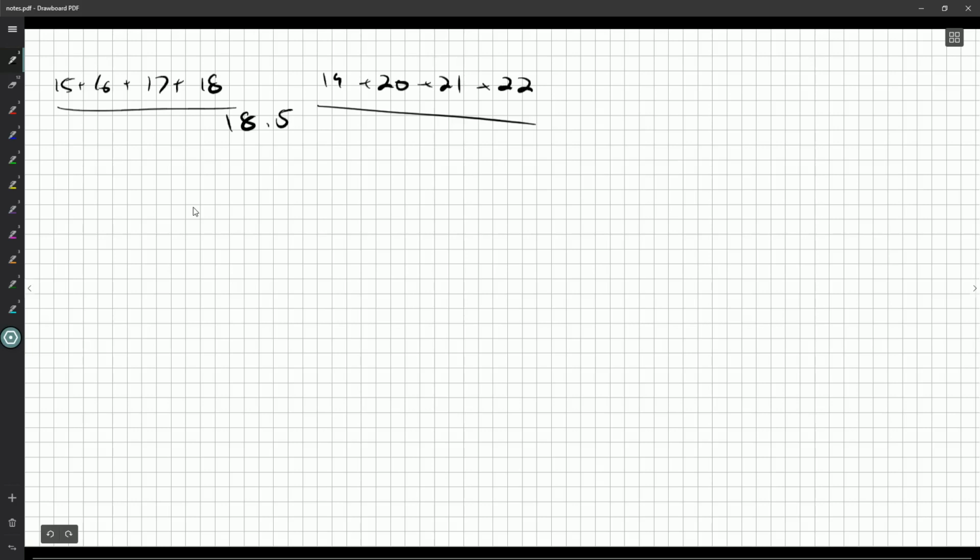Okay. And if you want to, double check, 18 and 17 is 35, plus 15 is 50, plus 16 is 66. So we'll have 66 over here. And then 20, 21, and 22, well, that'll be 63. Plus another 19, and then we'll have 129 plus a 19, and that's 148.